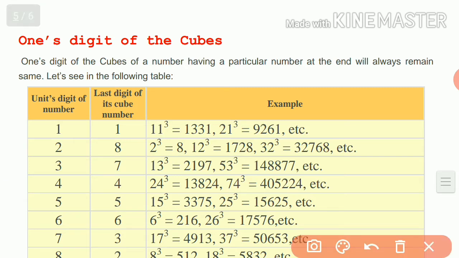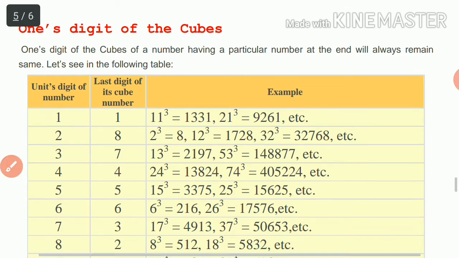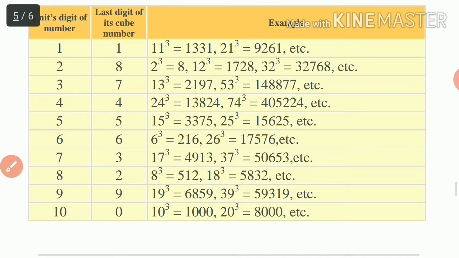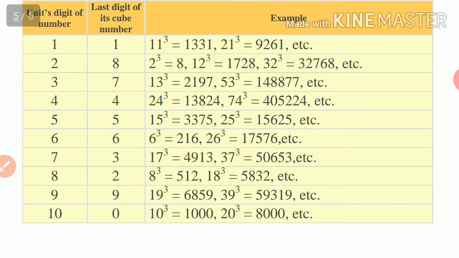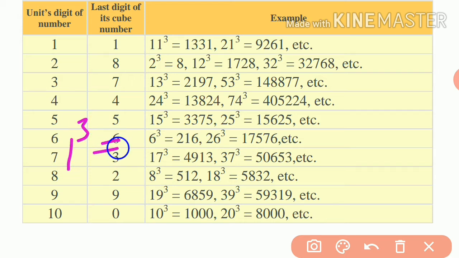One rule is, what is the ones digit of the cube? Here we will see the cube of 1. If we write the cube of 1, then the ones digit will be 1.